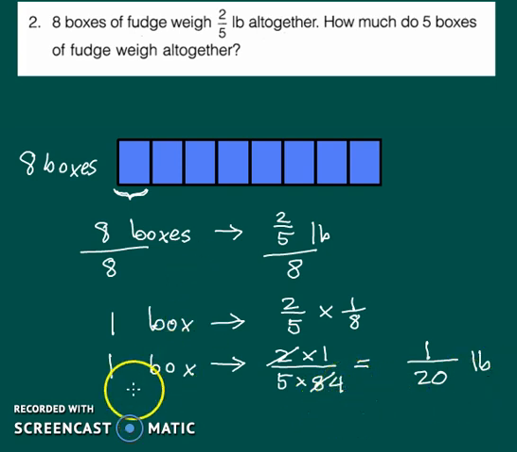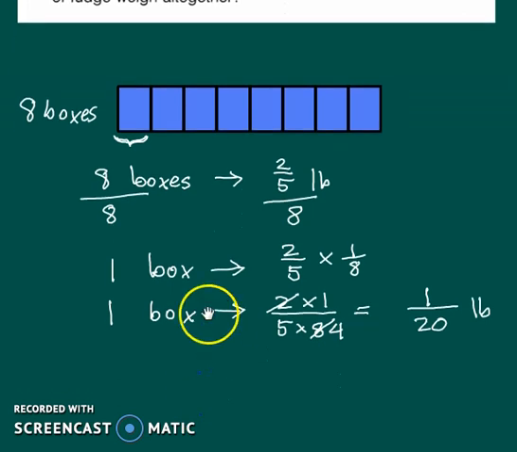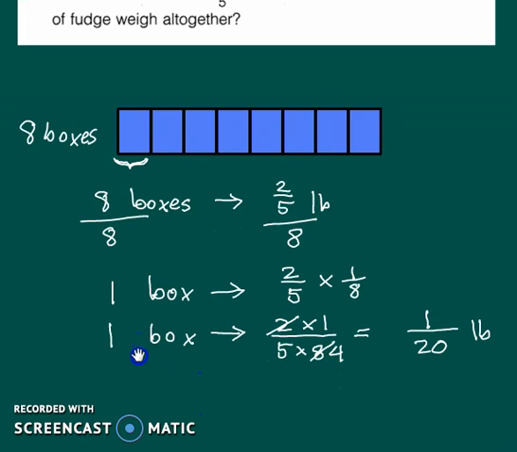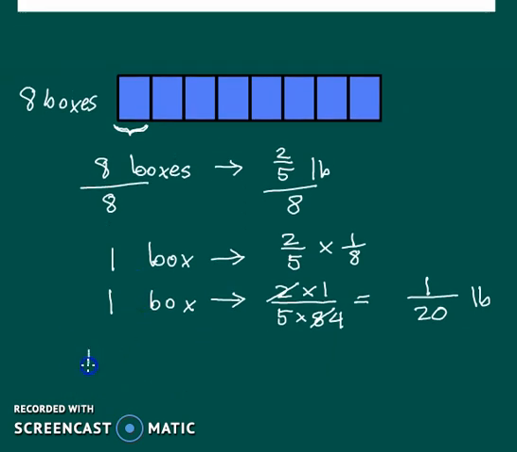The question is, how much do 5 boxes of fudge weigh? Now I know how much one box weighs. I can multiply. So 1/20 of a pound is the weight of one box, and I have 5 boxes. Which comes to 5/20.